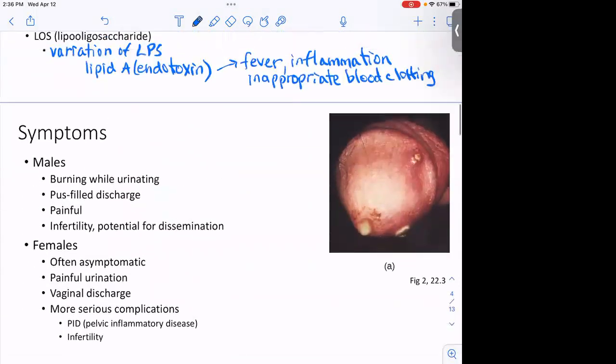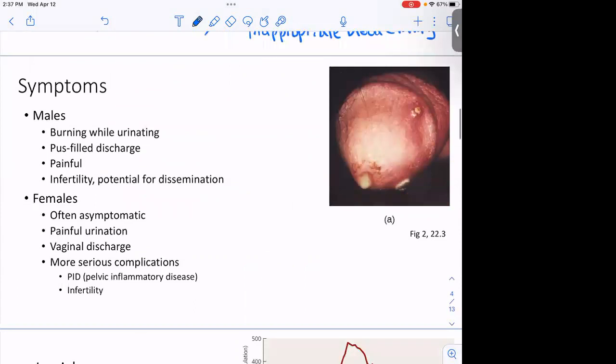All right, so what are the symptoms of gonorrhea? They're quite different depending on whether you're male or female. Males have described it as feeling like you're peeing fire. Your book kind of downplays that and says a lot of males don't have symptoms, but that's not what I read from lots of other sources.